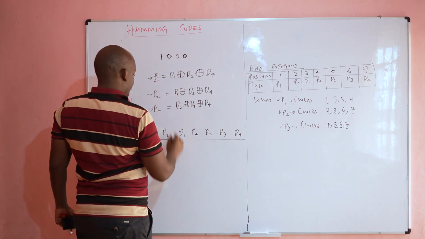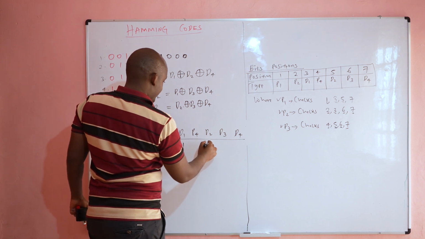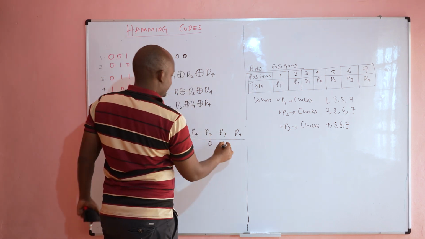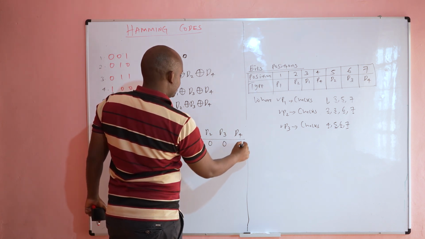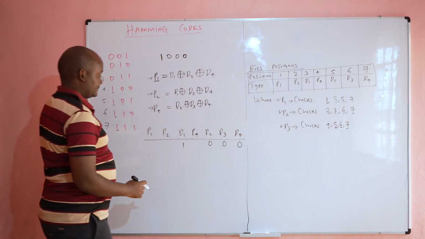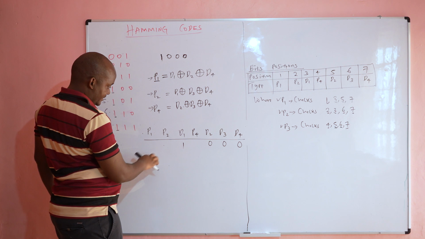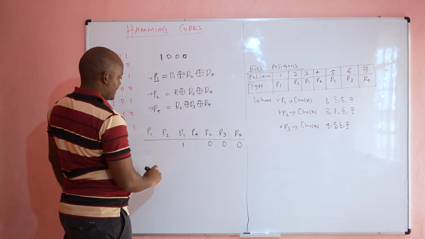So this one will represent our D1. The 0, the first one, will represent our D2. This 0 will represent our D3. And lastly, this will be our D4. So from these calculations, we need to fill in this particular position out of the given information that we have here.